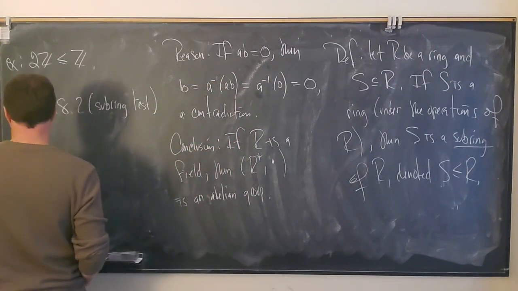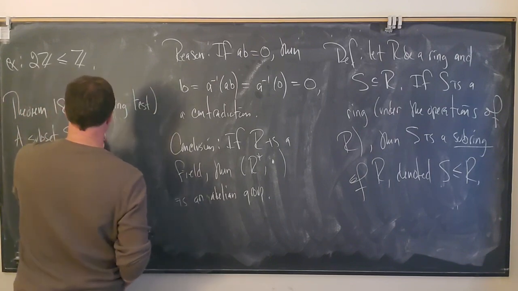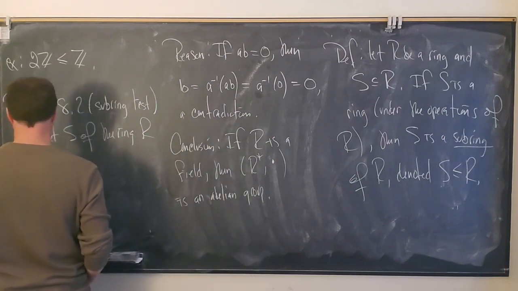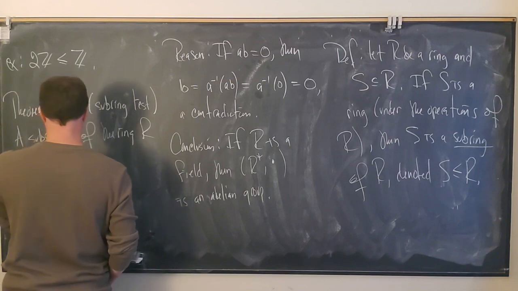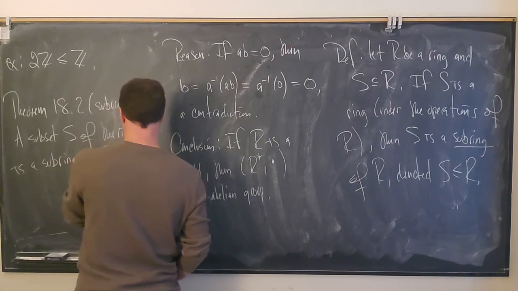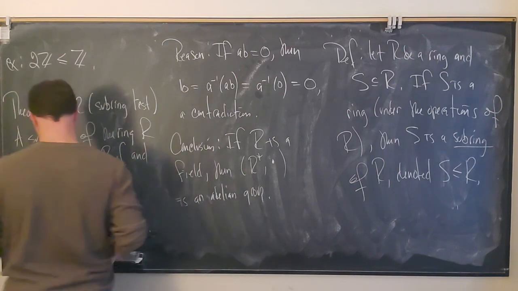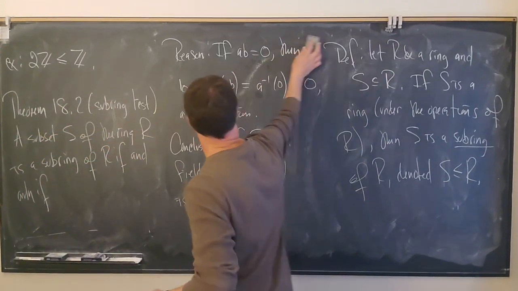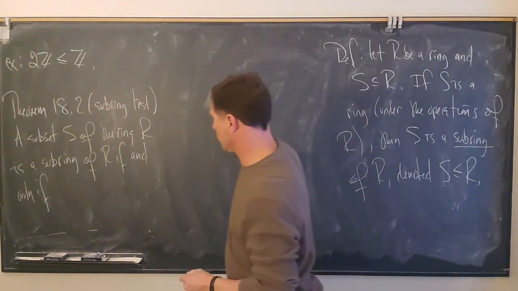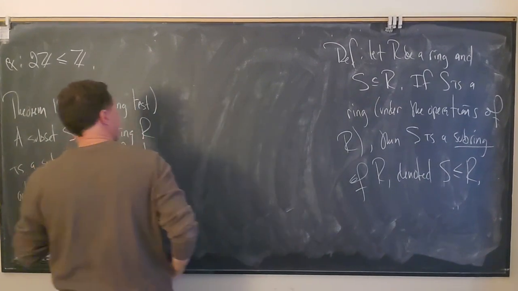So it goes like this: a subset S of the ring R is a subring of R if and only if two things need to happen. Well, really three things, but I'll state it in two pieces.